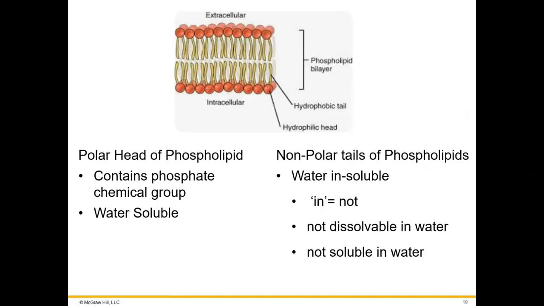Whenever I say water insoluble, that's just a way of saying not dissolvable in water, which makes sense because that's our nonpolar lipid, just like how we talked about oil being a nonpolar lipid, and that being the reason that it won't dissolve in water. So we've got our polar heads that do dissolve in water.